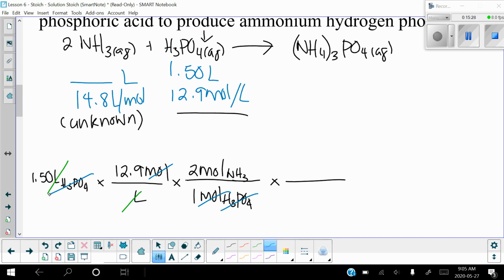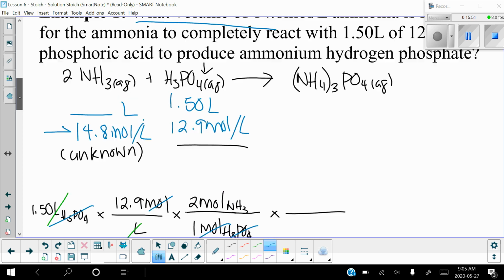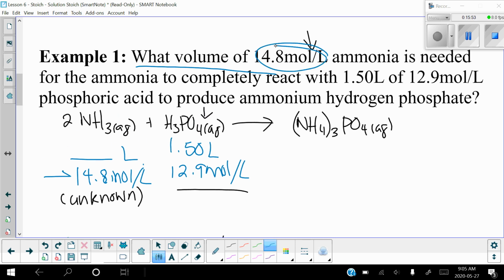Great. We are looking for liters, and because this is in solution, you need to be using concentration. So I'm going to go ahead and I wrote the units for concentration incorrectly here. Remember, concentration is moles per liter. And molar volume is the other way. And it's also in the problem.